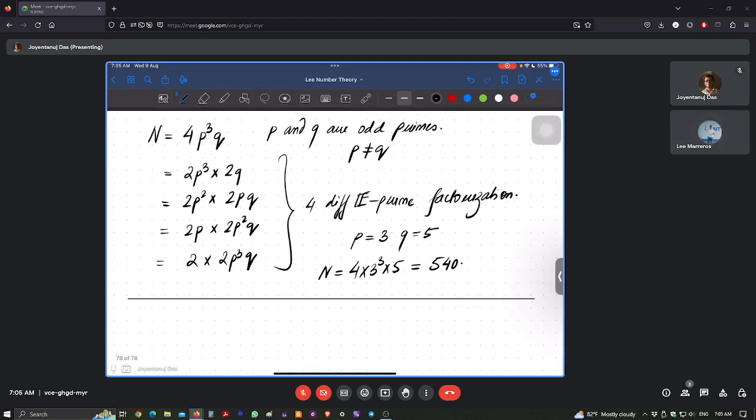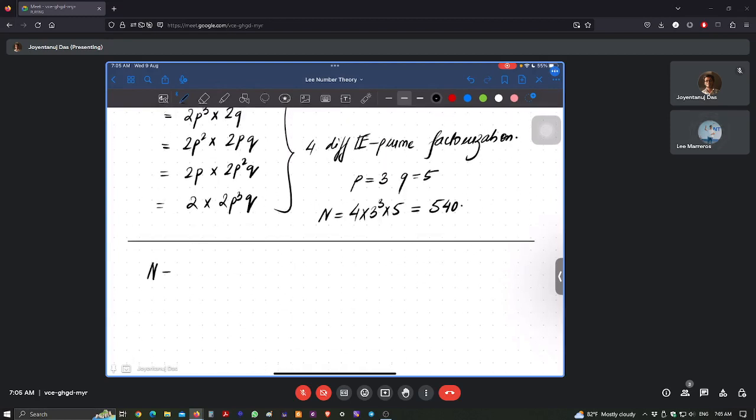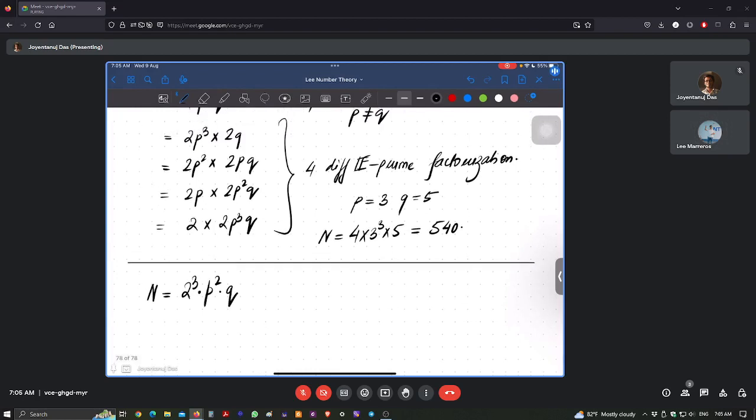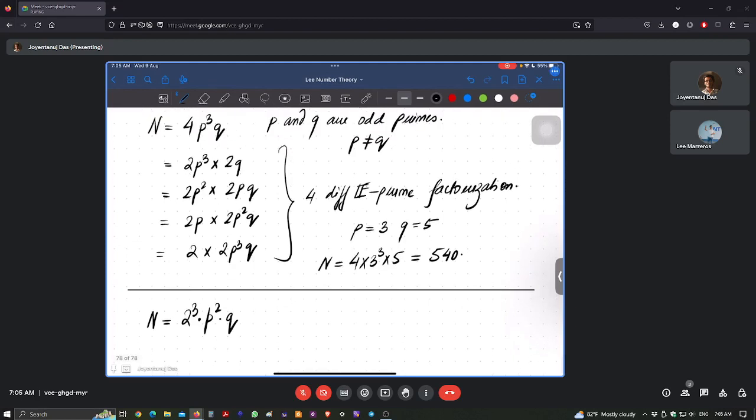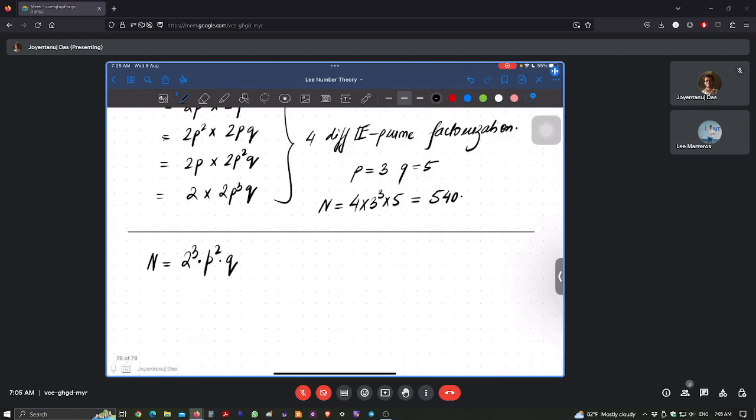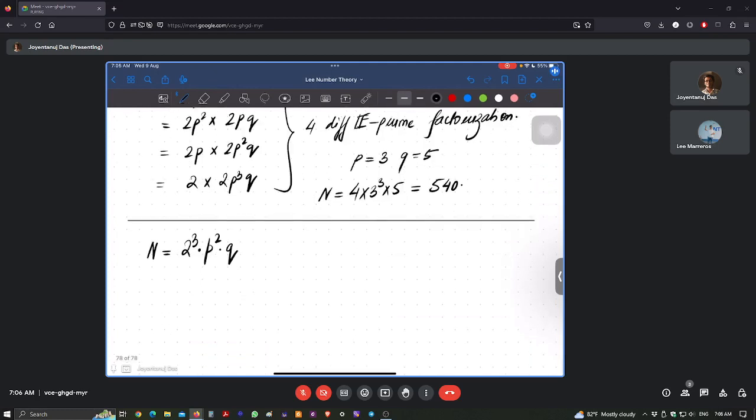And next, if I compute 2 cubed p squared q, here it is going above 420 because we are multiplying by 3 cubed. So instead of 3, if we choose one more 2, this also has 4 different factorizations that we can check.